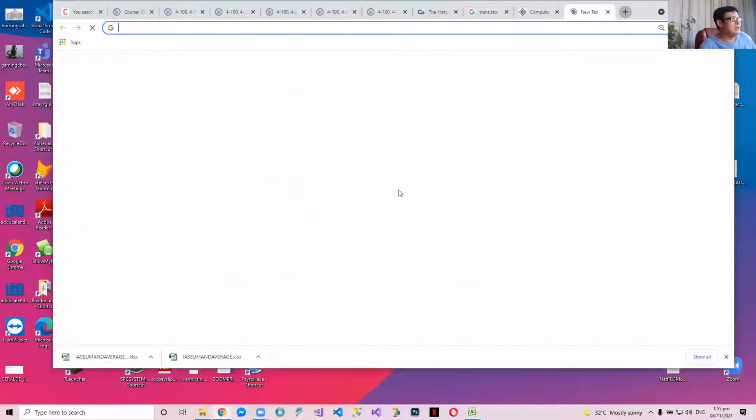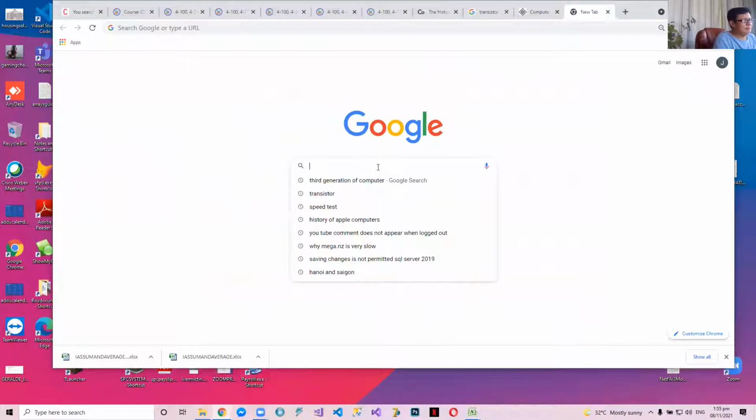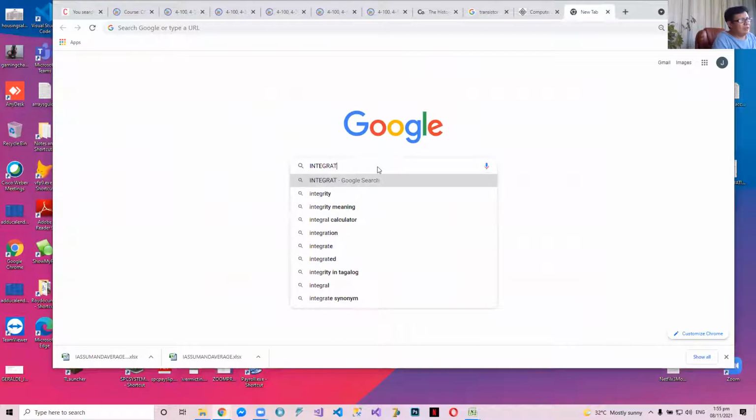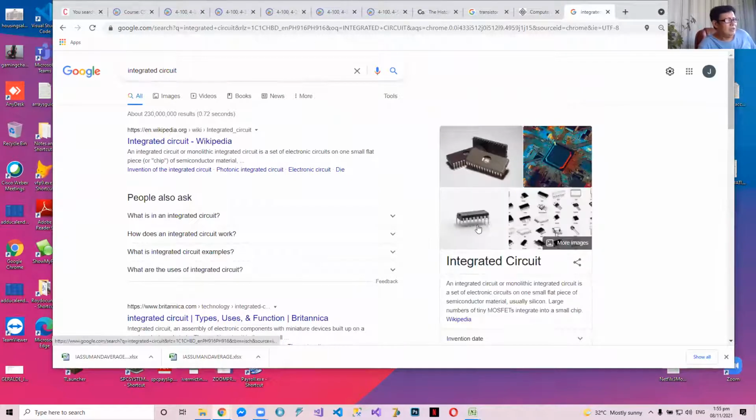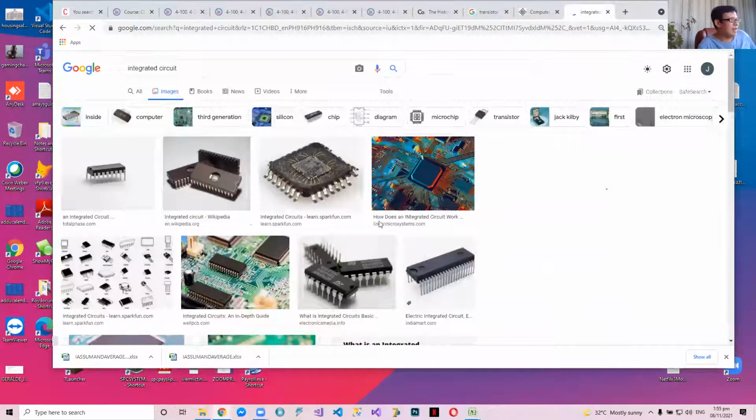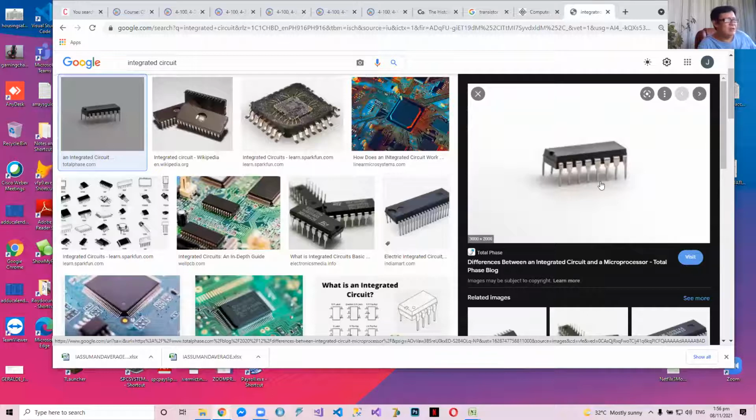Let's look at an IC. IC stands for integrated circuit. In fact, several AND gates, these are gates, can be stored inside an IC.